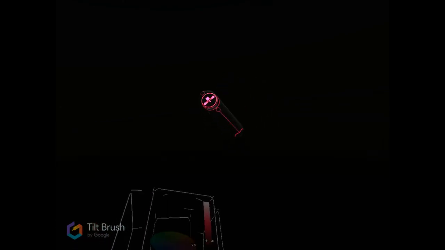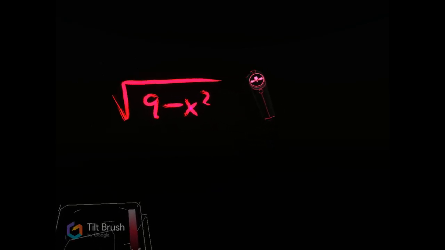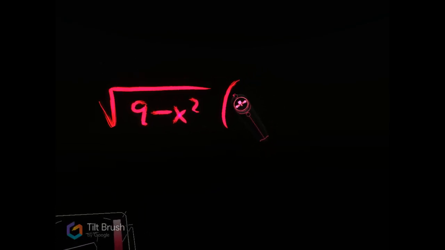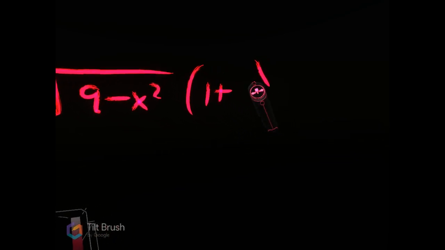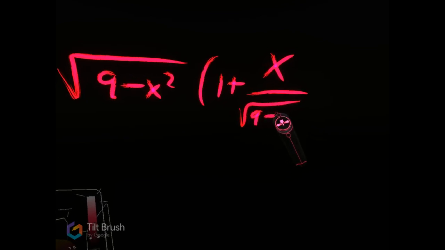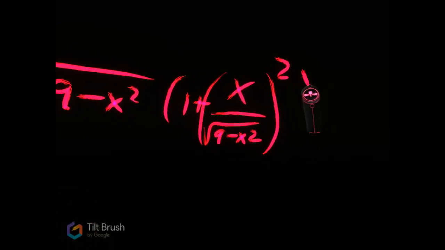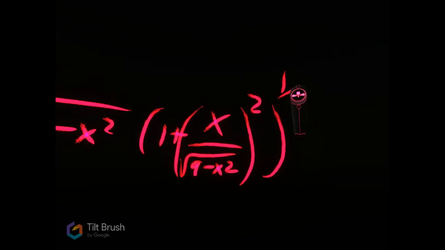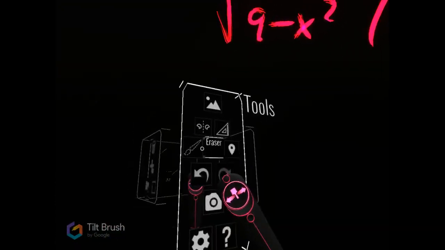So I have the f of x, so 9 minus x squared, times 1 plus x over root 9 minus x squared, to the 1/2. So this is also to the 1/2.